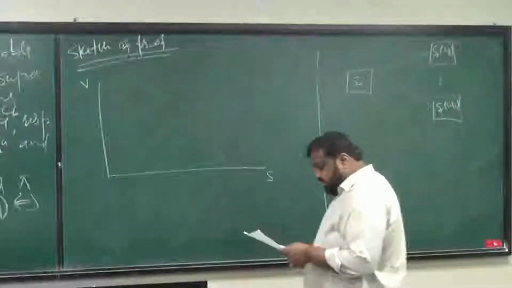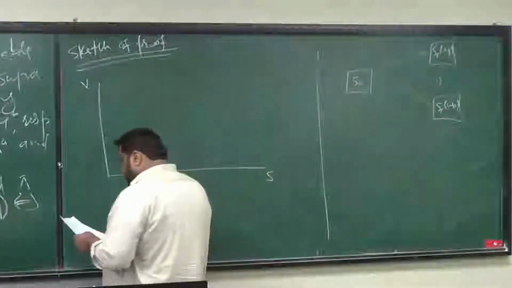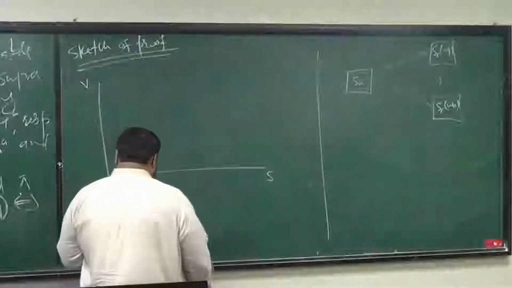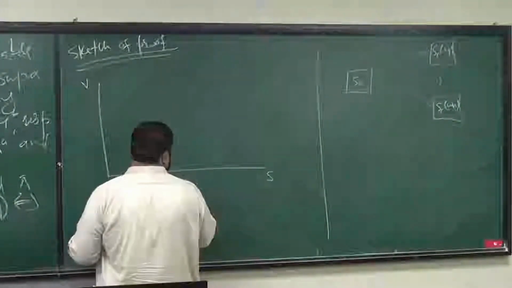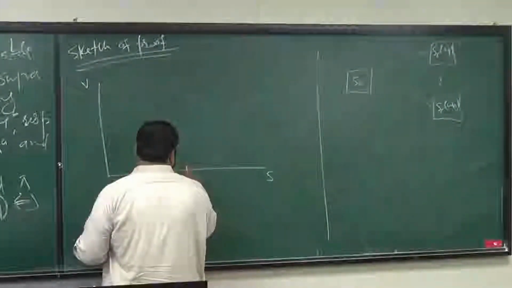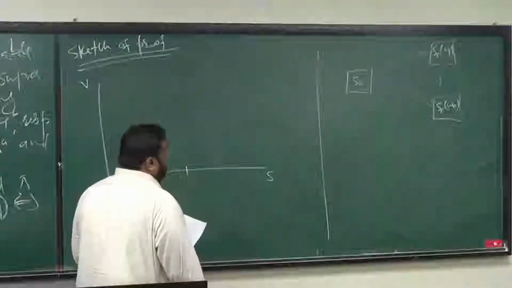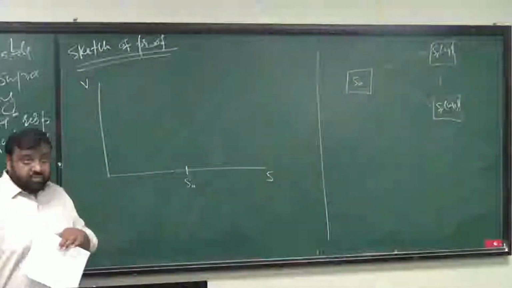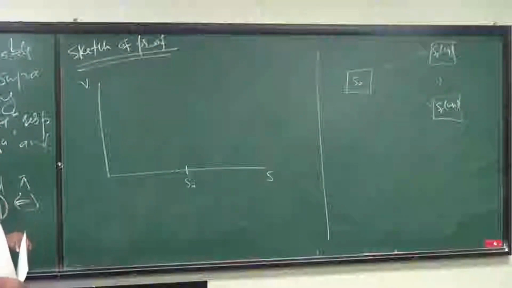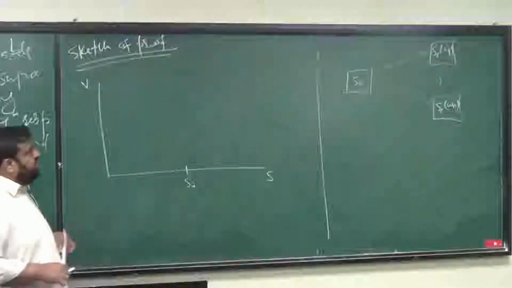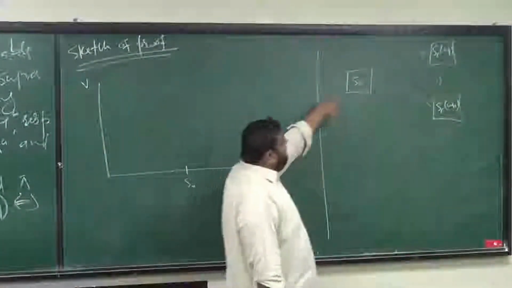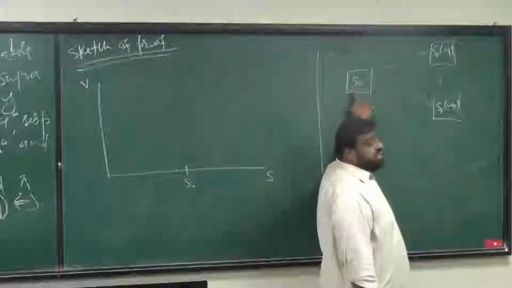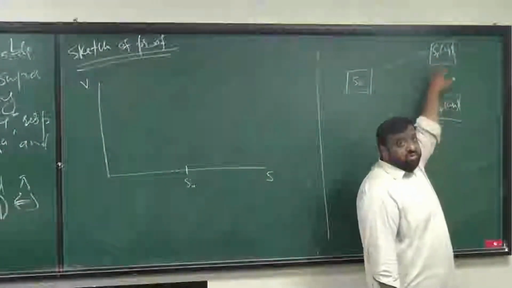Okay. Then at time 0, what is going to be the value of the stock? It's going to be S naught. Okay? And this S naught can in future take one of these possibilities.